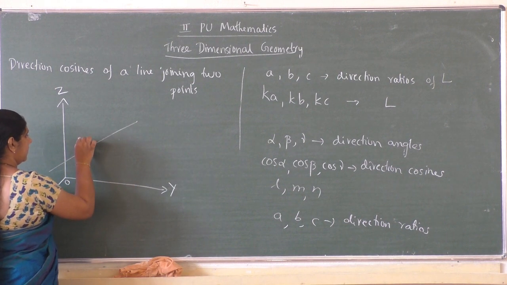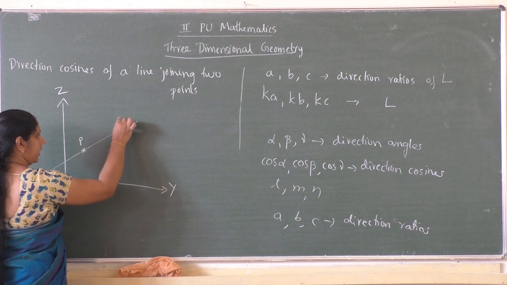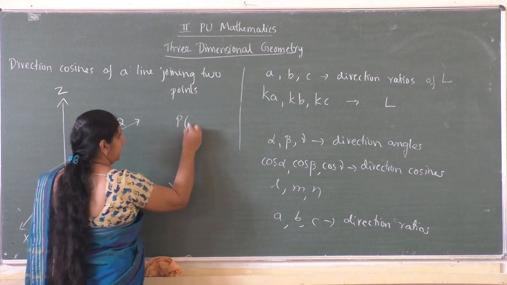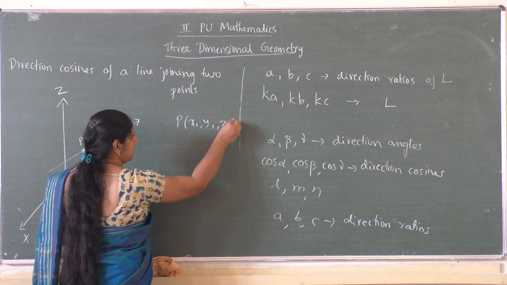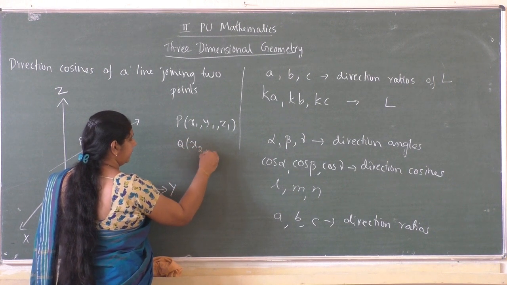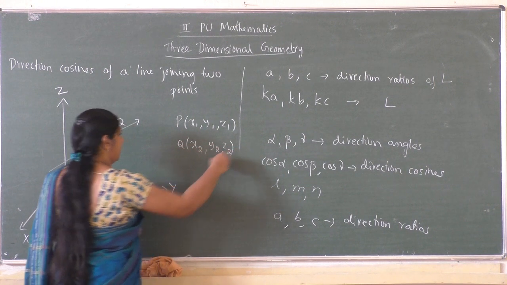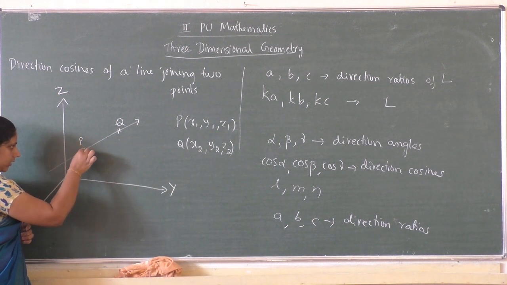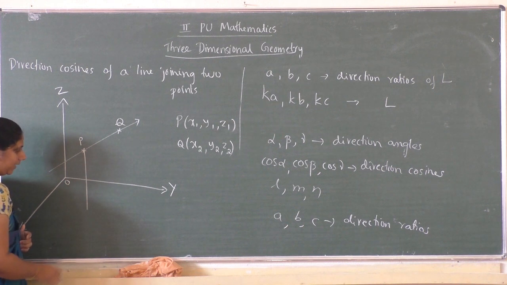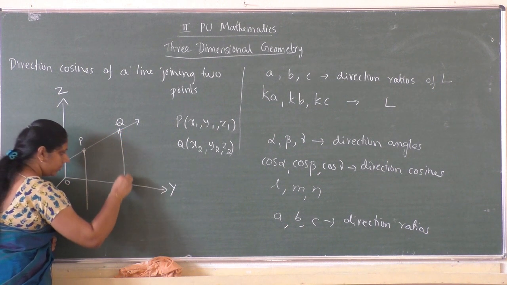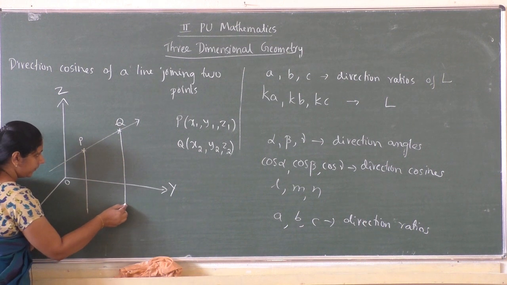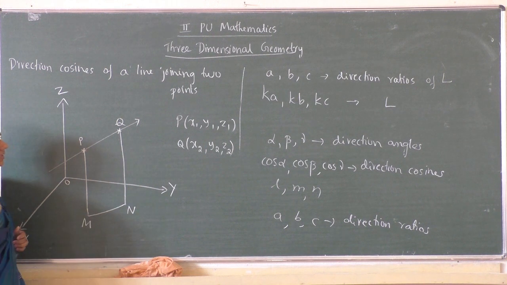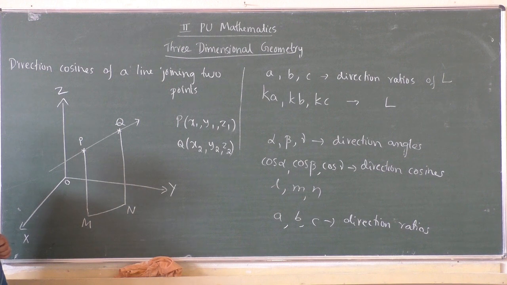I will take one point P, another point Q, with the coordinates P (x1, y1, z1) and Q (x2, y2, z2). Then draw perpendiculars PM and QN, which are perpendicular to the XY plane.